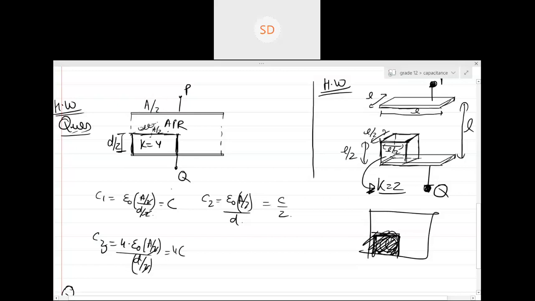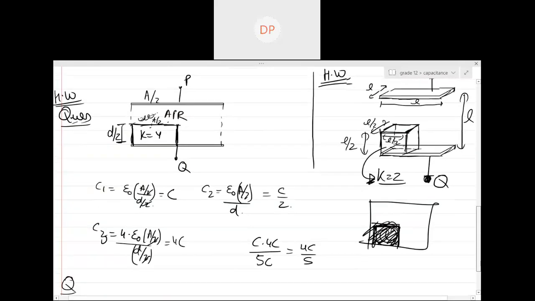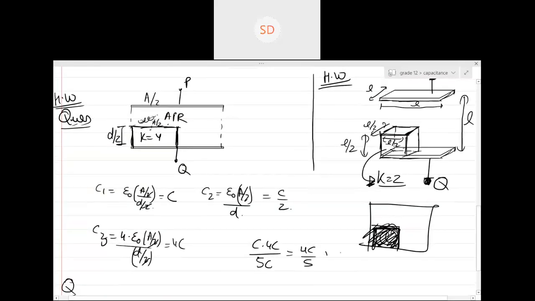Yes, sir. Now C and 4C are in series, so C into 4C by 5C, which is 4 by 5 C. And this plus C by 2.